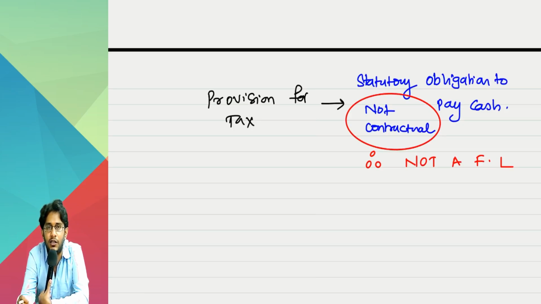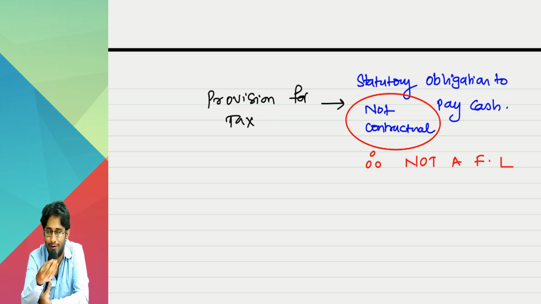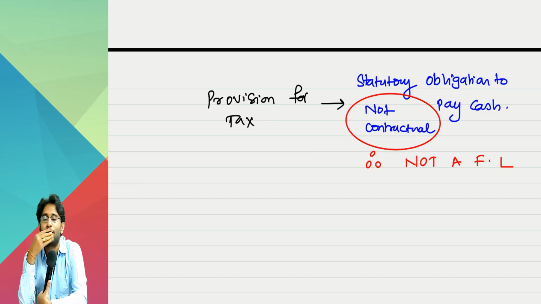Income tax refund receivable represents a right to collect money back from the income tax authority. But that right is coming because of a law, not because of a contract. Are you clear here? Right. Look at this. When we discussed the provision standard, provision is defined as a liability, and liability is defined as a present obligation.